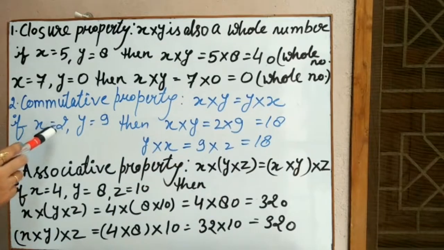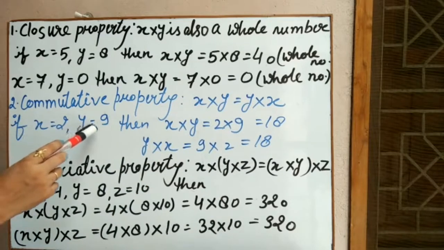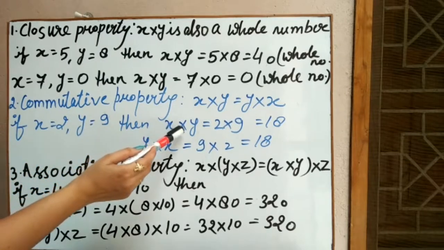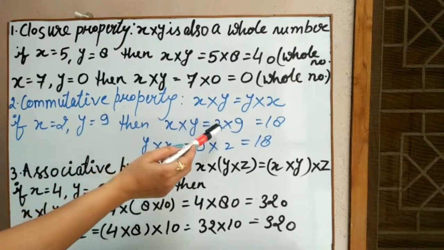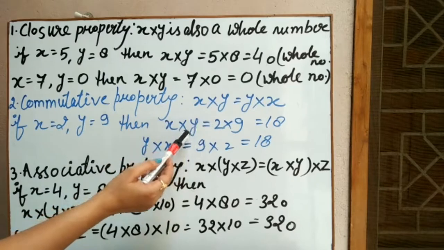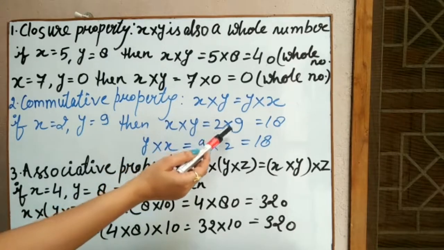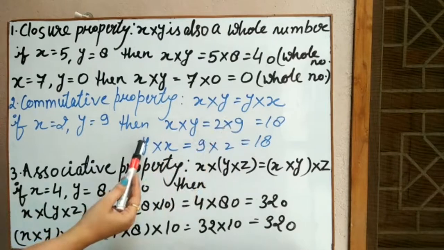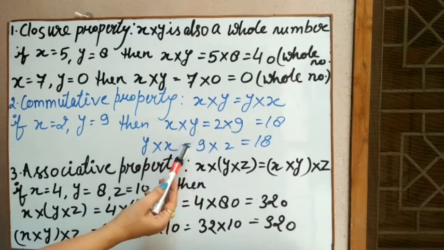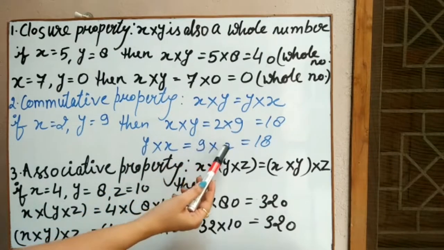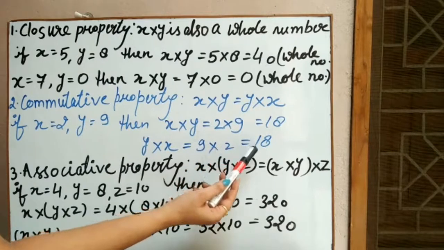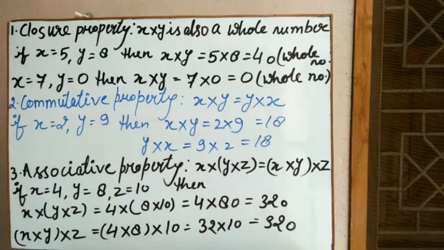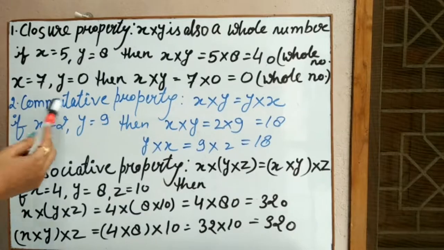If x is equal to 2 and y is equal to 9, then x into y is equal to 2 into 9, which is equal to 18. Here, y into x is equal to 9 into 2, which is 18. We can see both are equal. That's why commutative property exists for multiplication.